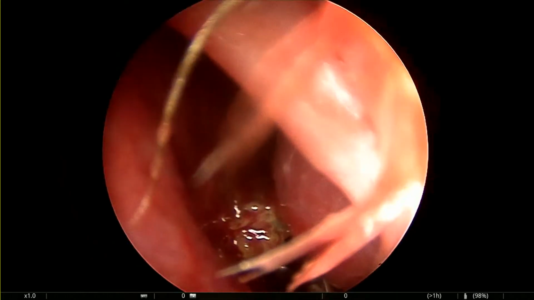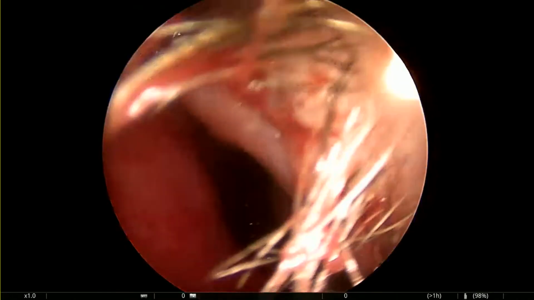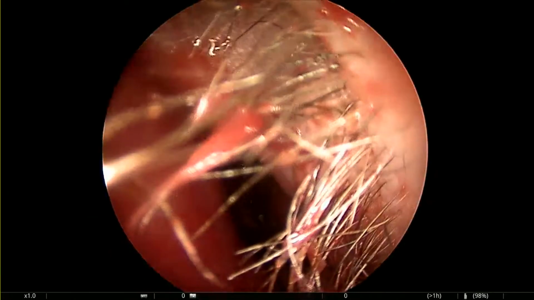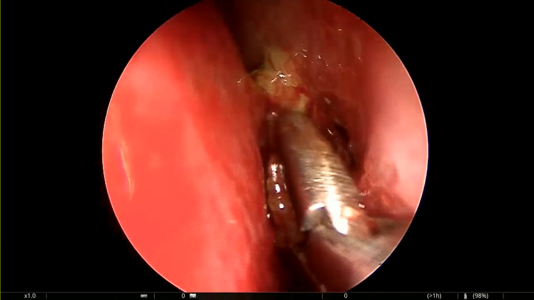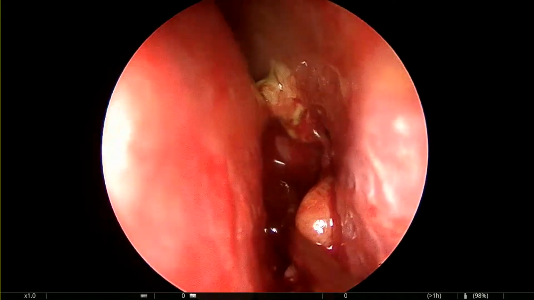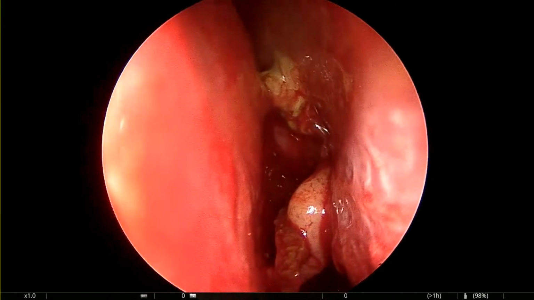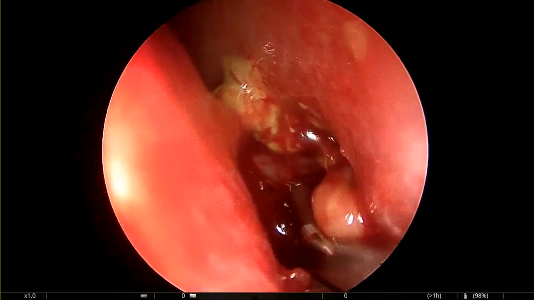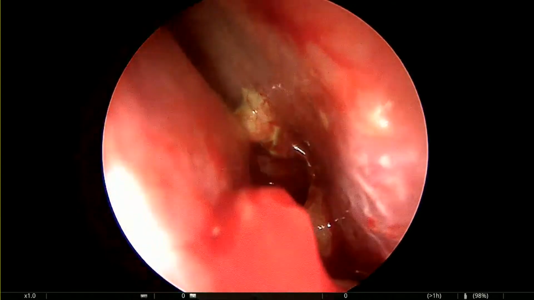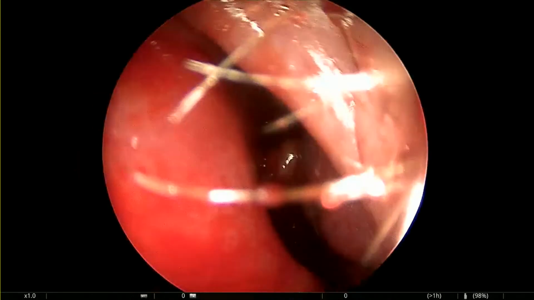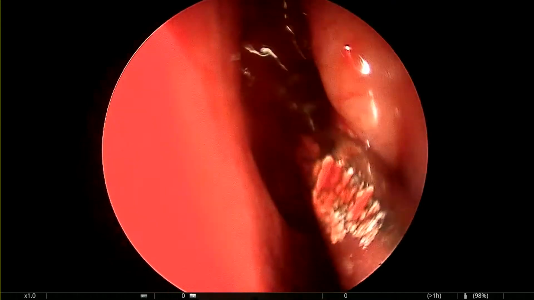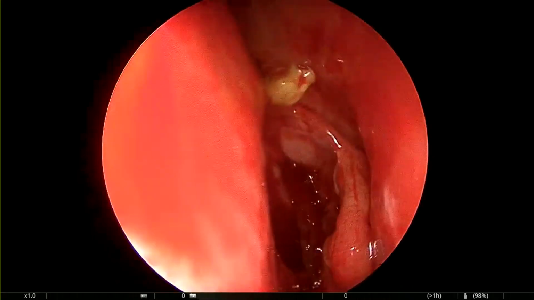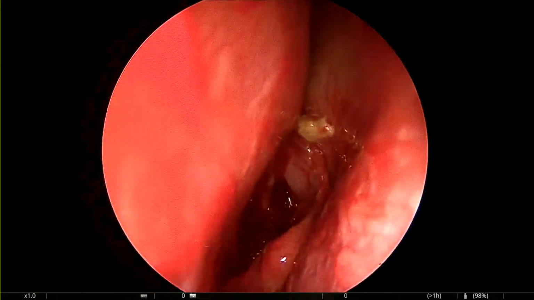Oh, it may be chronic sinusitis with eosinophils due to the aspect of the mucus. Scissors, please.